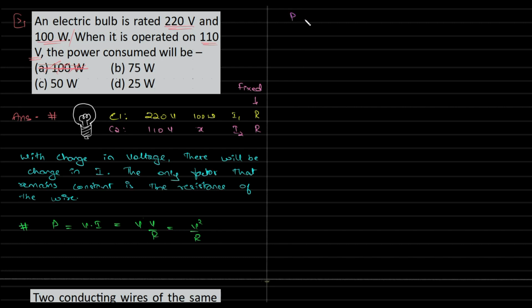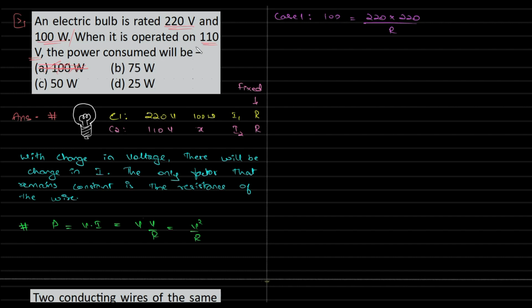So now, case one. Let's do it here itself. Case one. So we have P is equal to V, which is 220 into 220, divided by my resistance R. We know P as well, right? 100.